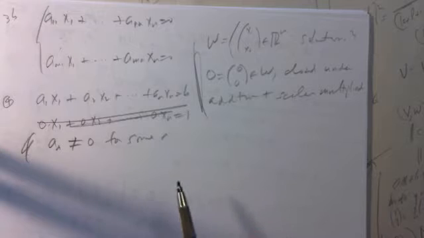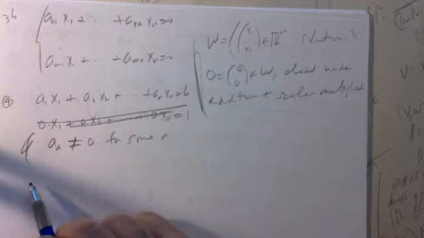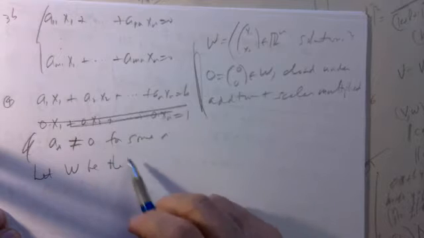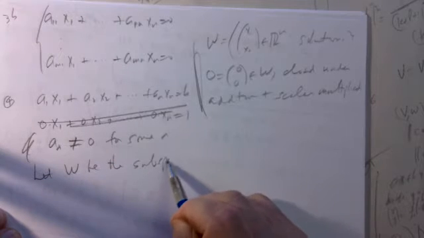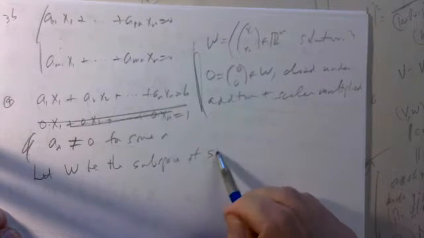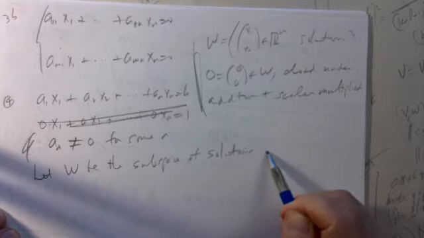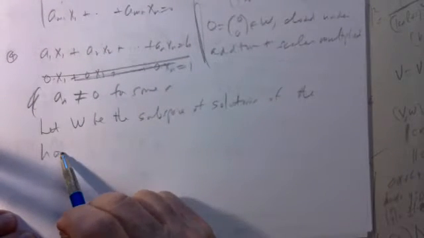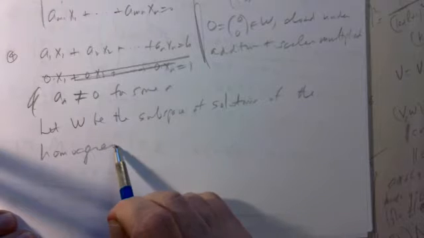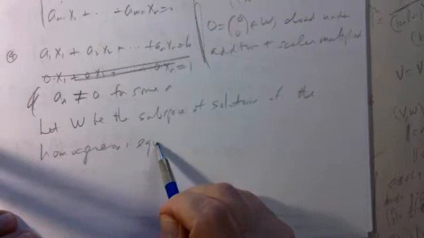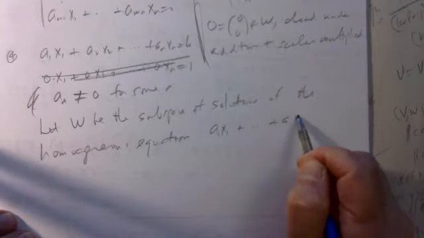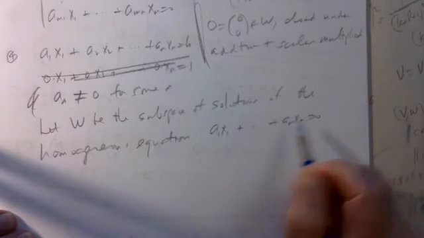And so suppose we let W be the subspace of solutions of the homogeneous equation a1 x1 up to an xn equals 0.